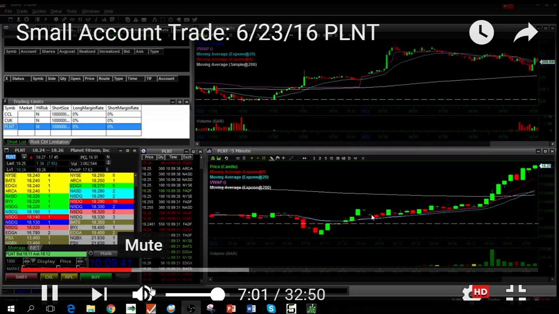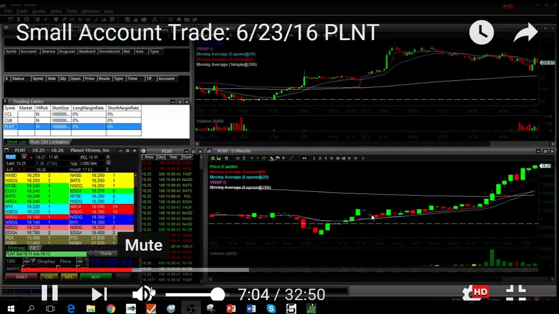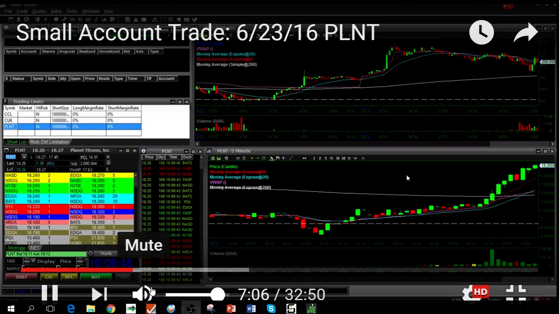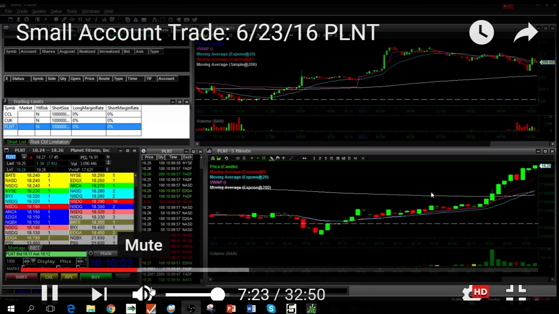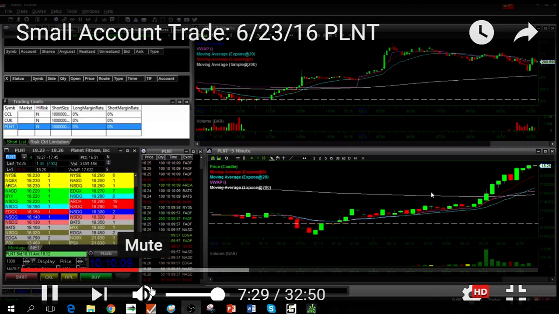So when you're trading with a small account and you don't really have enough shares to where you can scale in and scale out, you're going to have to take off everything at that first target. And so the first target's going to have to make sense profit wise. So you're going to have the correct risk reward, and you have to make sure that that profit target makes sense.